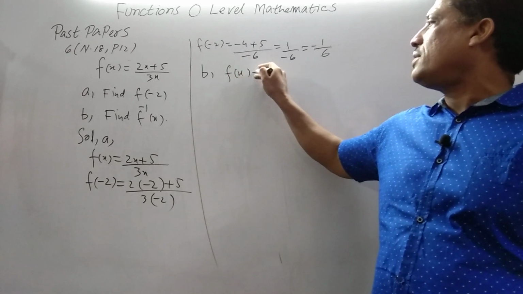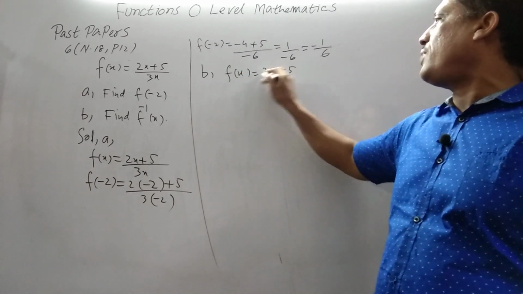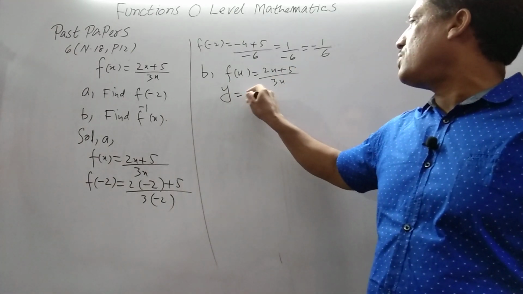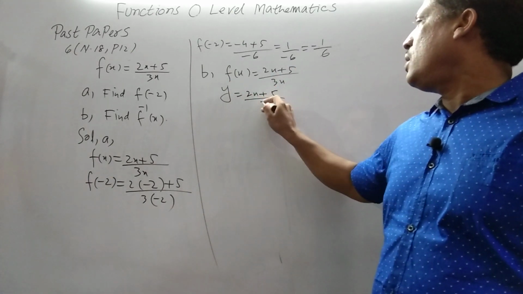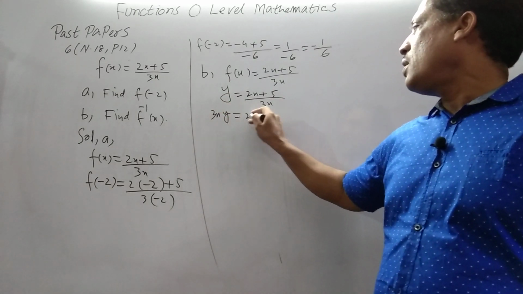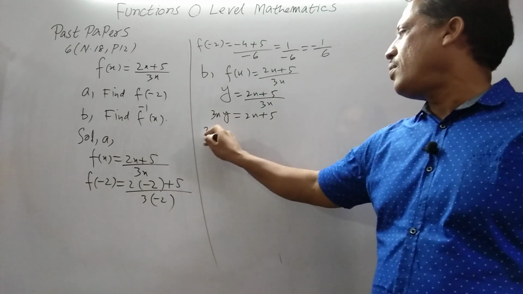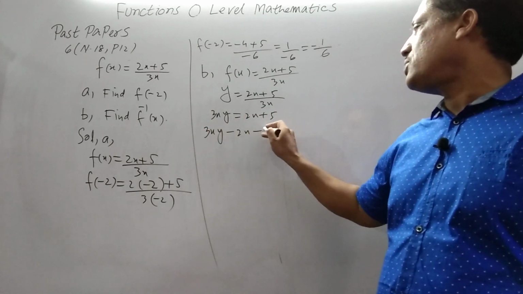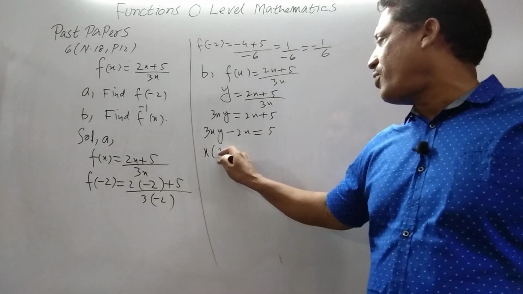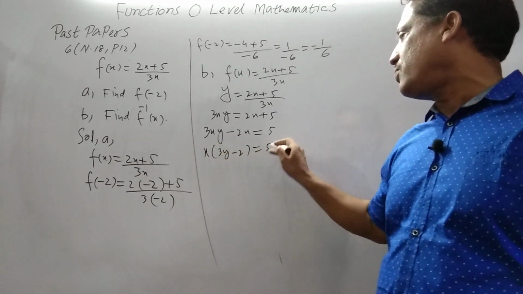So f(x) is equal to 2x plus 5 upon 3x. Replace f(x) by y: y is equal to 2x plus 5 upon 3x. 3x into y, 3xy, is equal to 2x plus 5. 3xy minus 2x is equal to 5. Take x common: x times 3y minus 2 is equal to 5.